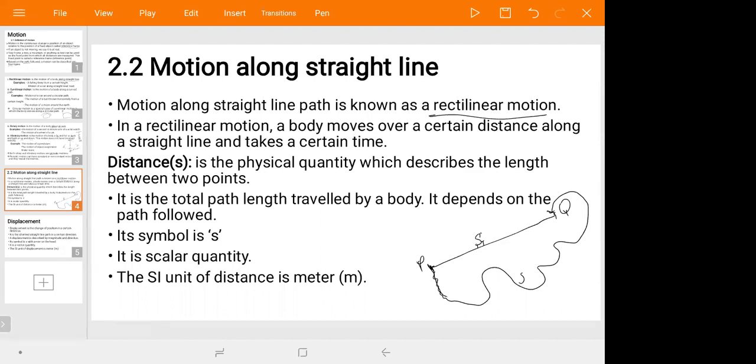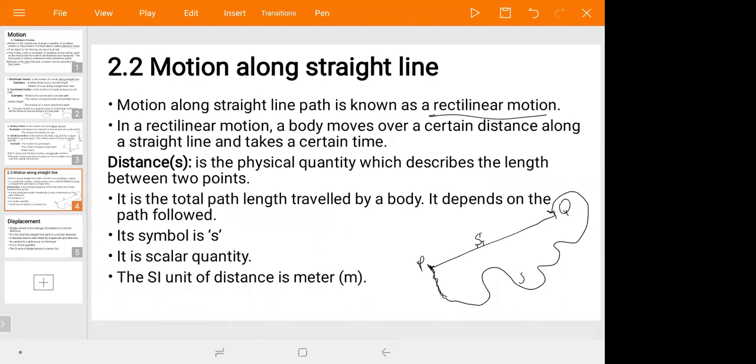For example, if one person moves north 200 meter and then comes back south 400 meter, the total path covered by the body is around 600 meter.